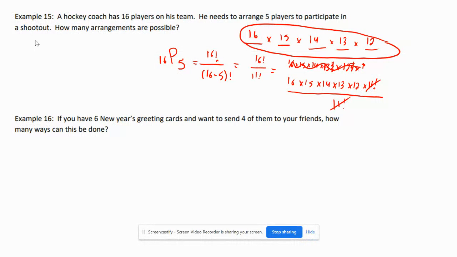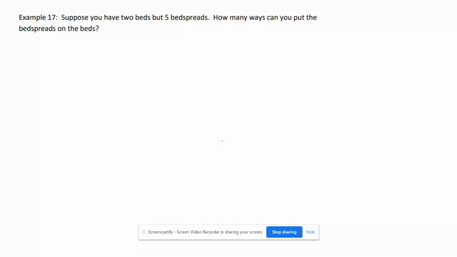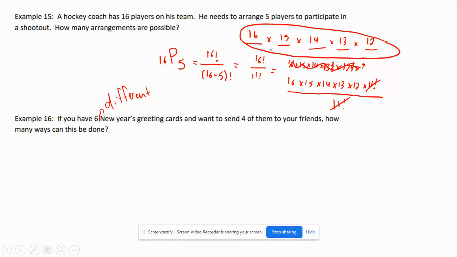So you have 6 New Year's greeting cards and want to send them to 4 of your friends. Guys, one sec over here. Keyword that's not in here, these are different, right? There's not the same greeting cards, there's 6 different greeting cards that you have. So this would be like, you have 6, you want to arrange 4 of them, that'd be 6 pick 4, okay?